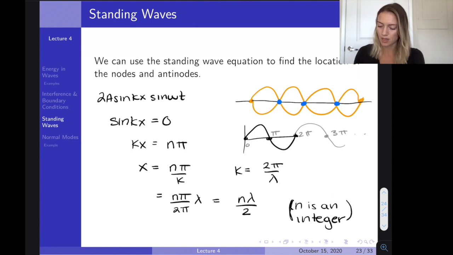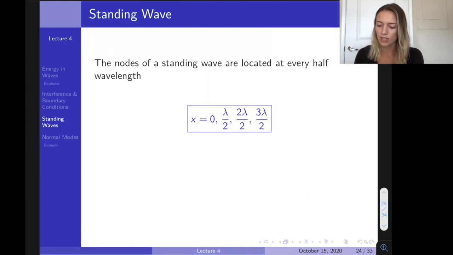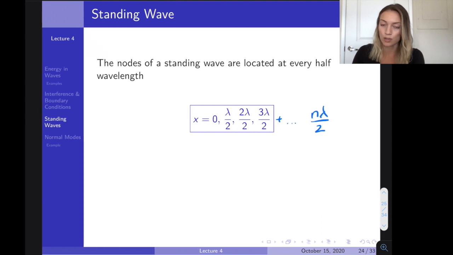Okay, so these are the locations where there will be a node, and you can do a similar thing for an antinode: figure out where sine is going to be equal to 1 or negative 1, and you can figure out the same thing. But usually we care about nodes more than antinodes. So the locations of our nodes in terms of the wavelength will be given by this. It'll just be integer multiples. I should really write plus n lambda over 2, okay?